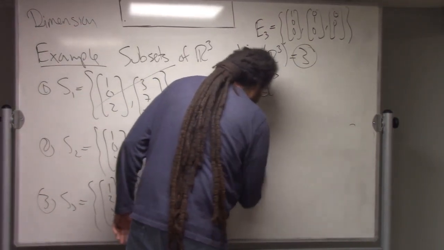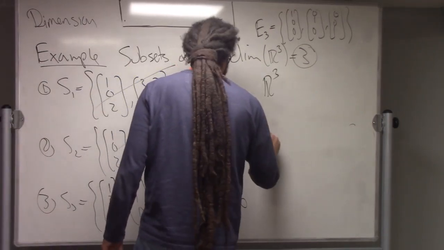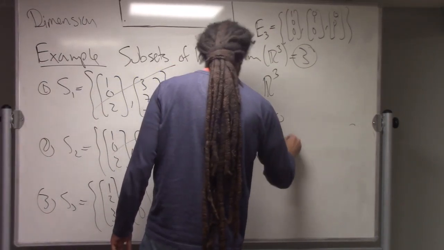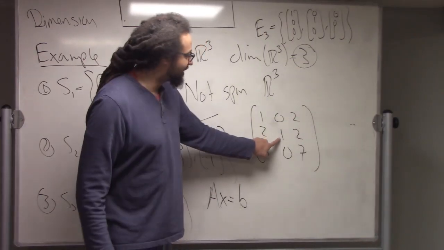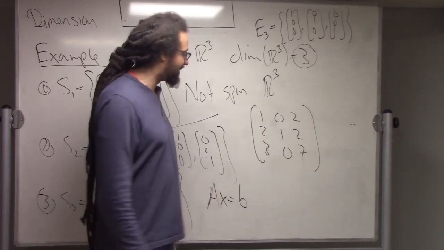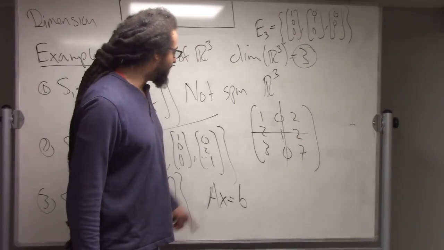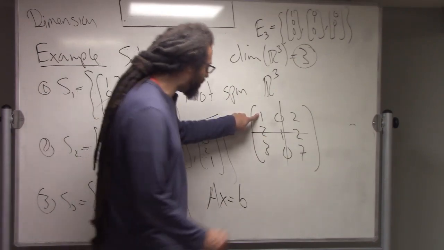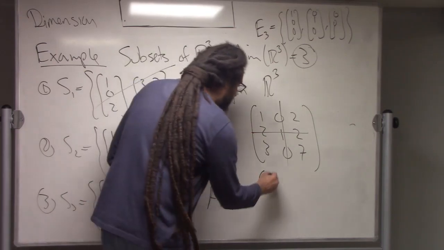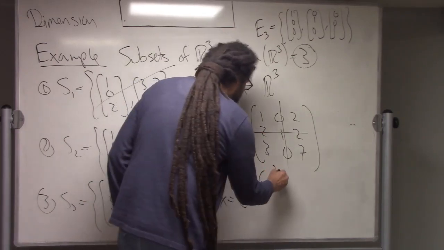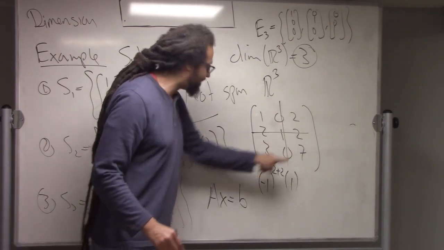So if we look at the determinant of this thing, so you got 1, 2, 3, 0, 1, 0, and then 2, 2, and 7. I'm going to go ahead and expand along the second column. So when I do that, I get 1, negative 1 raised to the 2 plus 2 times 1, and then times the determinant of the minor.